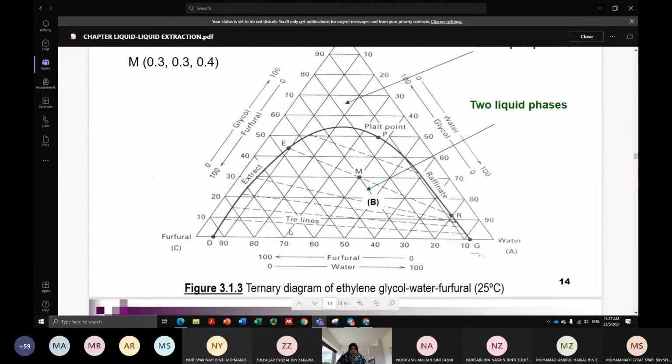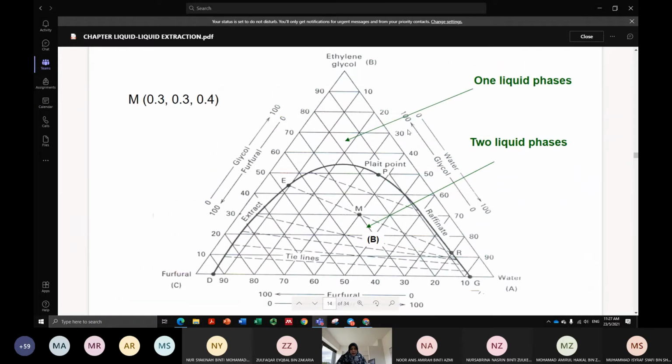So you can revise this. Now is the time for you to know where is the position of one liquid phase and two liquid phase. When your composition lies on the equilibrium curve, it shows that your raffinate and your extract are in equilibrium.